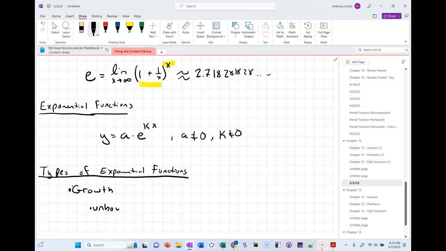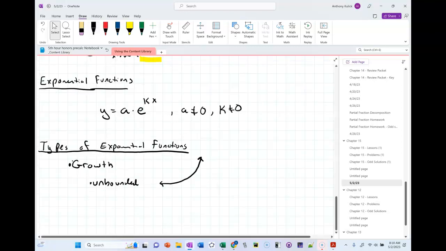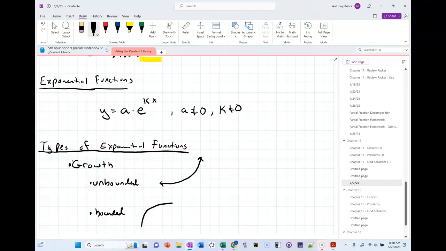You have unbounded, so that would look like this. And then you have bounded, which kind of looks like this. And again, you have an asymptote kind of going on here.